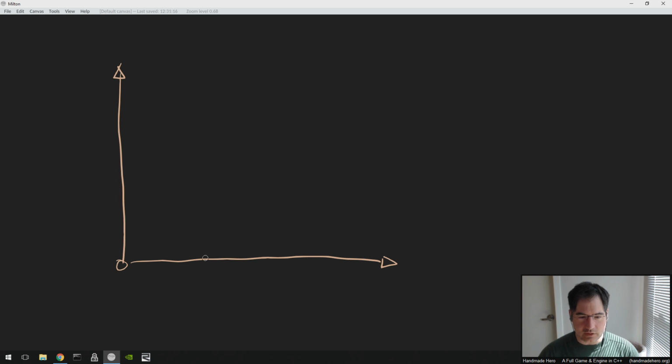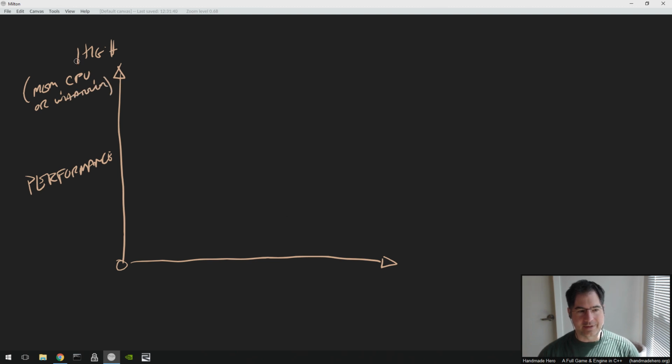Let's put performance here, so this is high performance, for memory or CPU or whatever we choose. Whatever we define performance to be, maybe that's not using very much memory, maybe that's being very, very fast, the programmer decides what their criteria for performance is. We would rate it here.